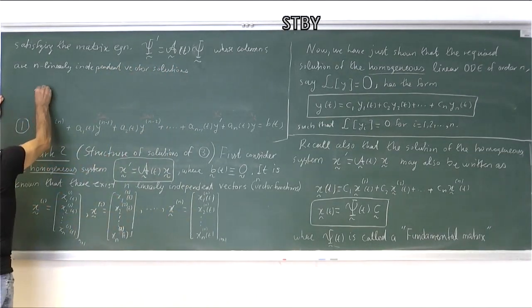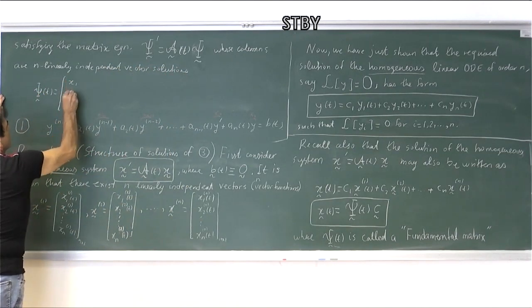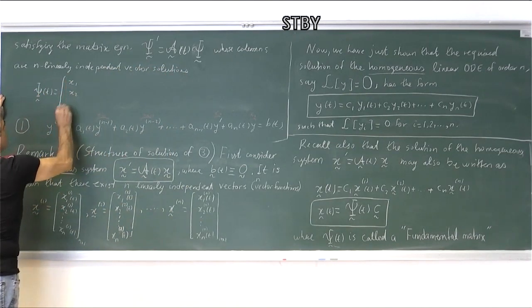So a fundamental matrix is of the form x1, x2, up to xn.